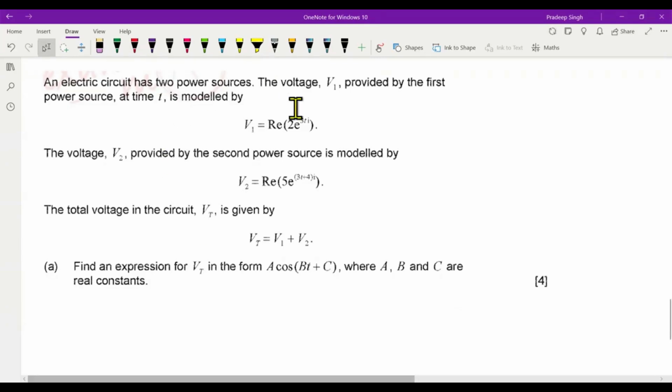And Laksha, by the way, can you tell me what is meant by this RE? The real value? Correct, the real value. So what is the real value of this complex number? 2. Okay, so e to the power i theta is cos theta plus i sin theta. Remember?